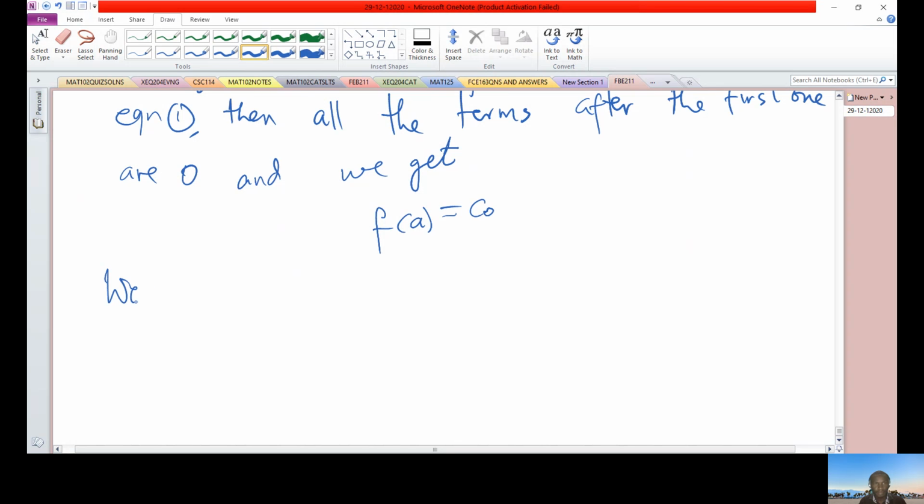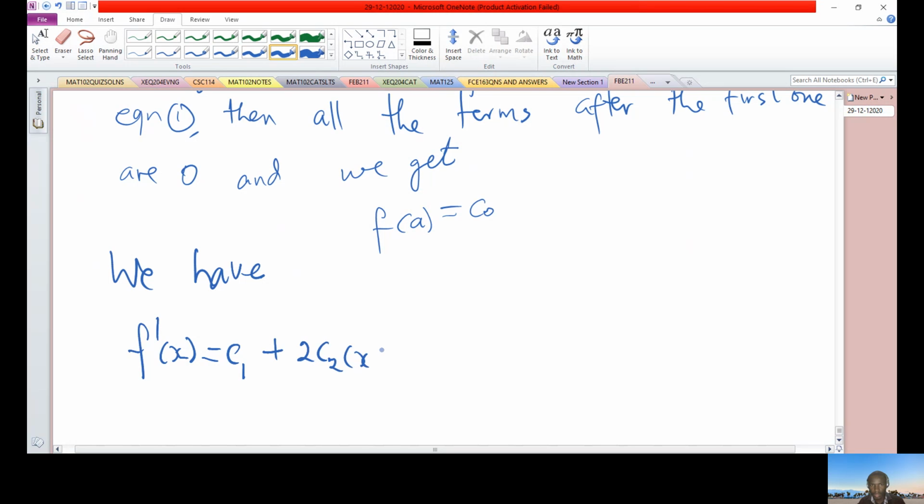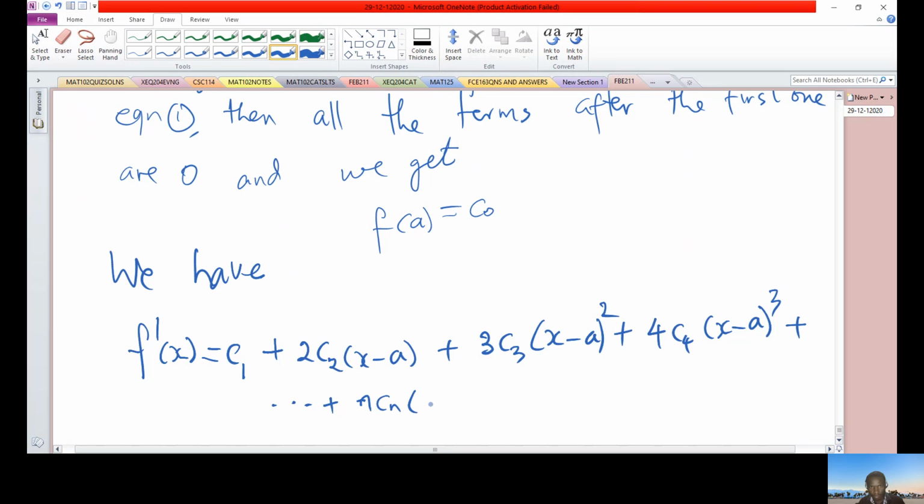Now if we differentiate, we have f prime of x is given by c1 plus 2 c2 (x minus a) plus 3 c3 (x minus a) squared plus 4 c4 (x minus a) cubed plus several terms, for |x minus a| less than R. Let's call this equation 2.